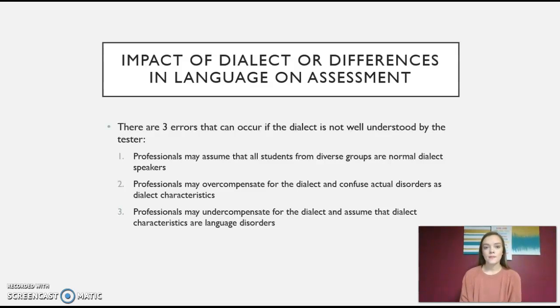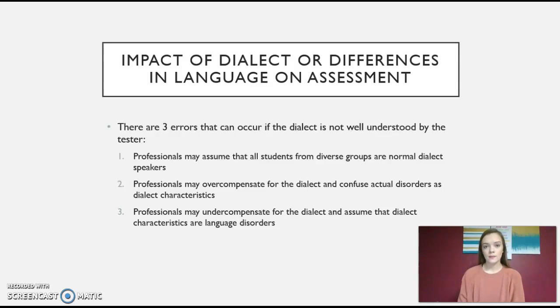So they may think that because you're using a dialect that you have a language disorder, because they don't realize that you have the dialect and it hasn't been clarified in the beginning of the testing. The third is that professionals may undercompensate for the dialect and assume that dialect characteristics are language disorders.